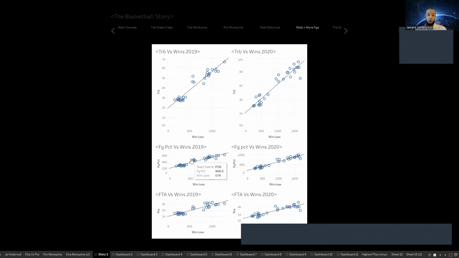Now, field goal percentage had the highest value by a percent or two over total rebounds. Total rebounds is close, and my initial theory was rebounds was the most important stat, and I can say that I'm wrong. I don't like to admit I'm wrong personally.